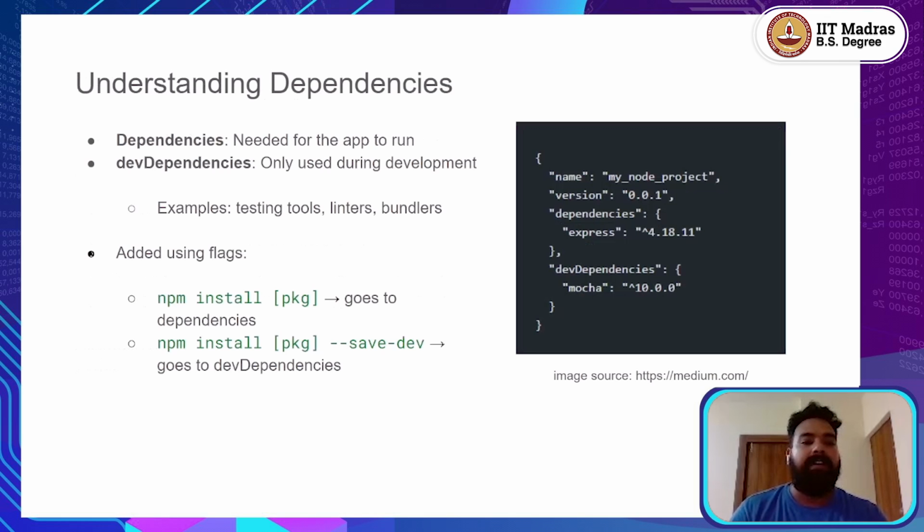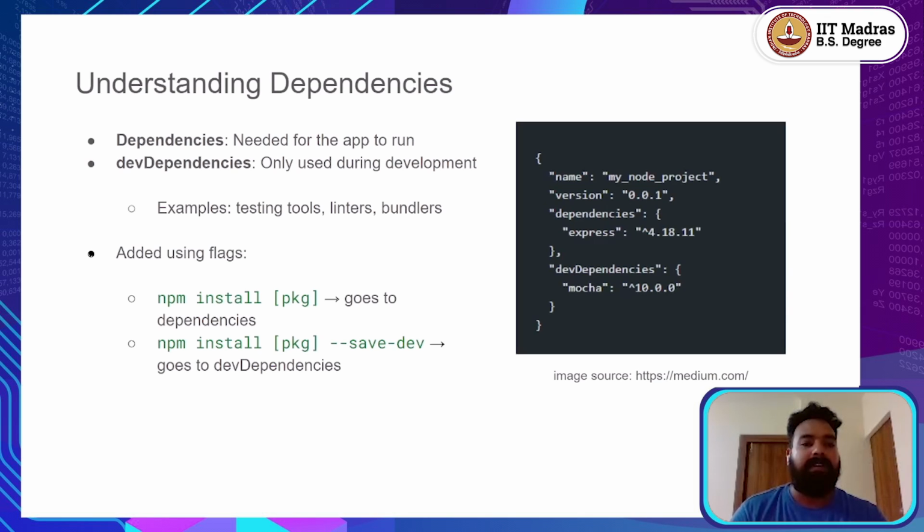To dive a little deeper, let's clarify the difference between dependencies and dev dependencies. Dependencies are those packages your application actively uses when it's running. For example, if you are building a web app and you're using a library like React, that's a runtime dependency. On the other hand, dev dependencies are only used during the development process.